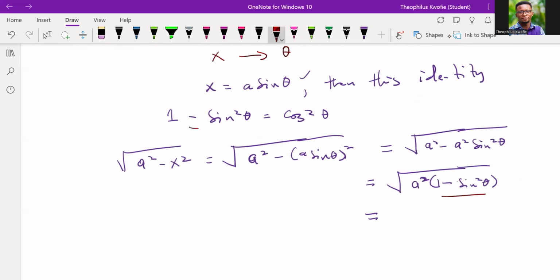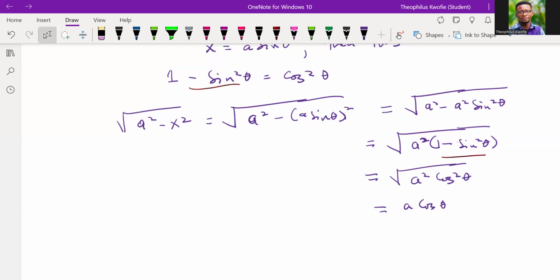From this, we said that that is equal to what? That's equal to cosine squared. So we're going to have A squared cosine squared theta. And that'll get rid of the root sign, get rid of the squares, and that gives us what? A cosine theta. Good.